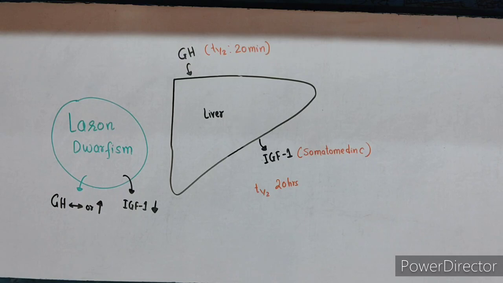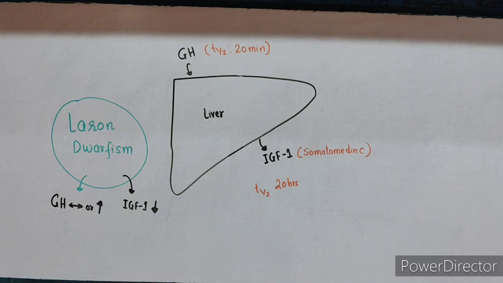Before going into the regulation of growth hormone, one important thing to know is growth hormone does not show its effects on its own, but it produces some other mediating factors like insulin-like growth factor 1. Growth hormone binds to the growth hormone receptor on its target tissues like liver, muscle, kidneys, and from these target tissues it forms the mediating factors like insulin-like growth factors.